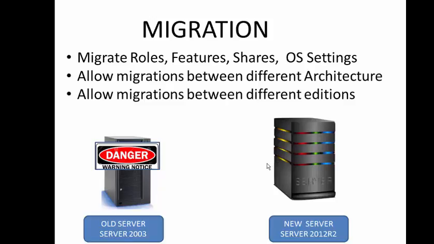On that server, you're going to install Server 2012. But what you can do then is to migrate the settings that you have for the 2003 server to the 2012 server. So we're going to be exploring that option in this lesson.